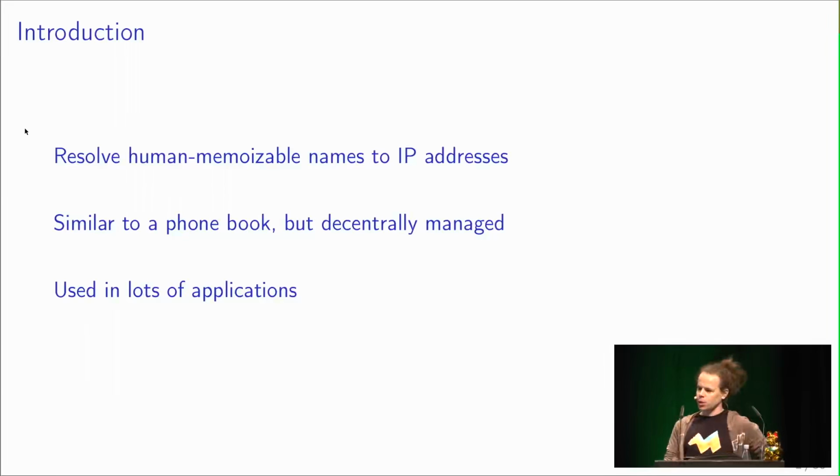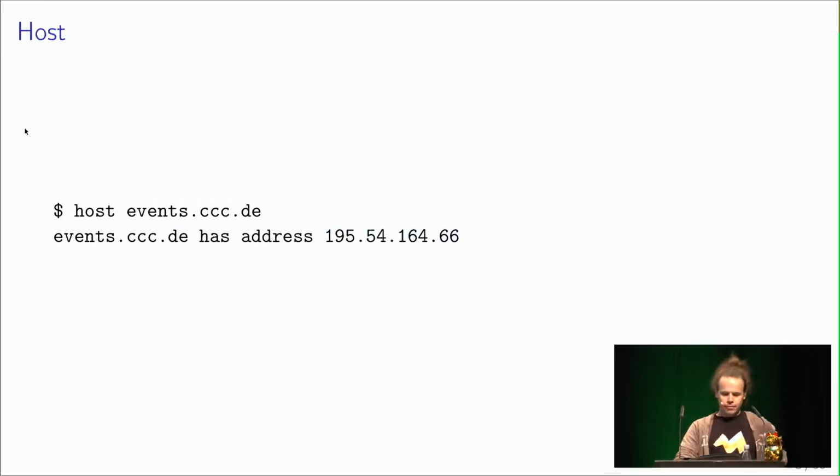So we can push updates much more frequently. And we have a decentral and hierarchical delegation system so that people who own a domain name can update their records. And DNS is used in a lot of applications and all around the internet.